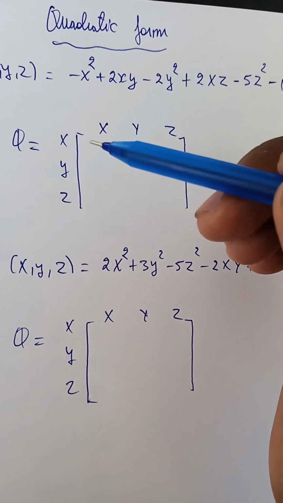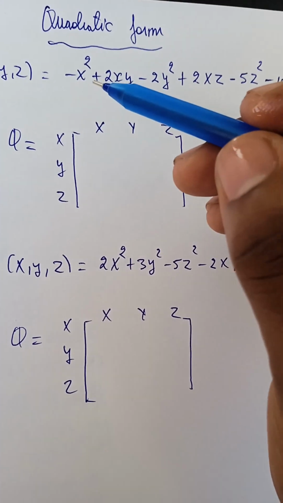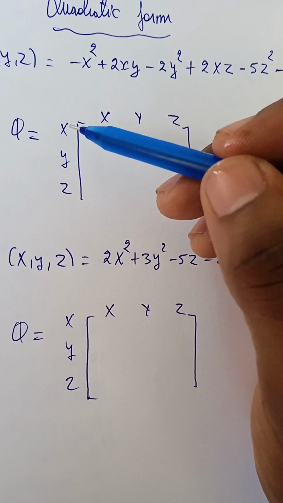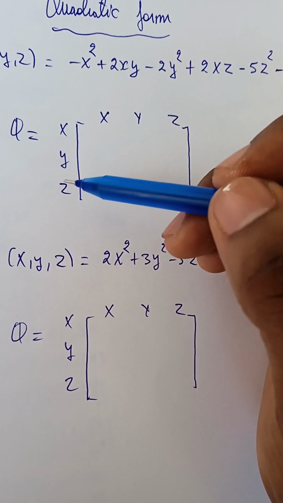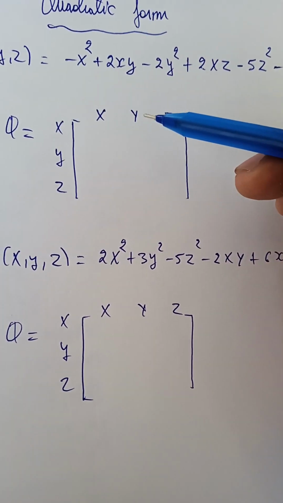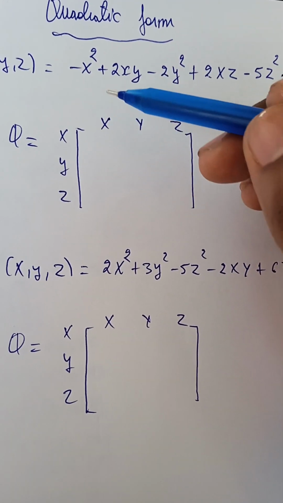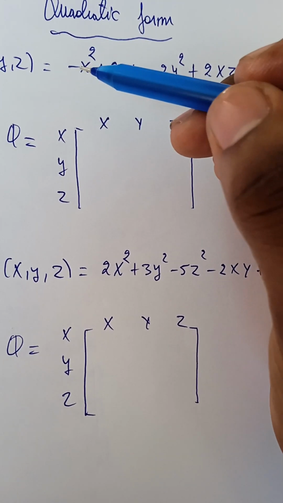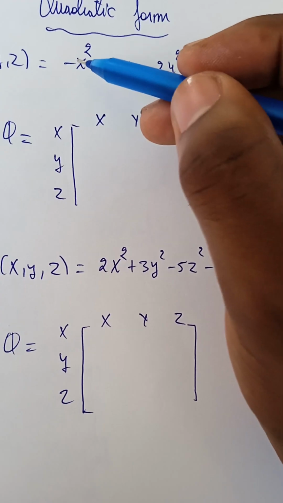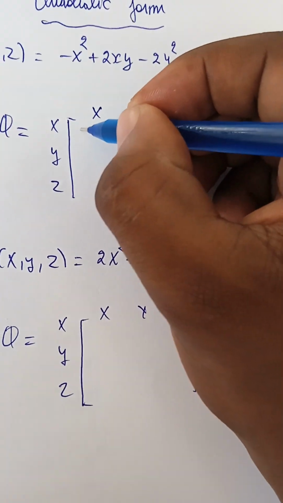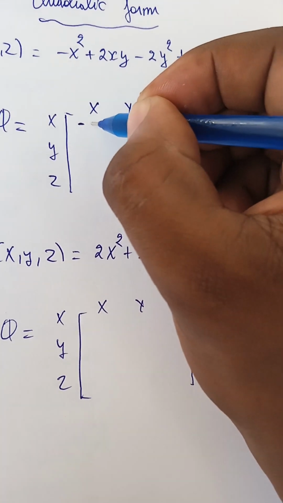So to get the matrix for the 3 cross 3 quadratic form, you put x, y, and z in the column, and x, y, and z in the row. Here we have x times x, which is x squared. The coefficient of x squared is minus 1, which goes in the diagonal entries.